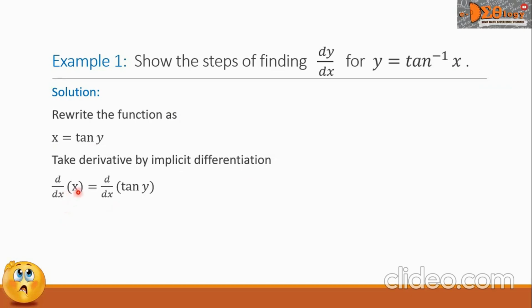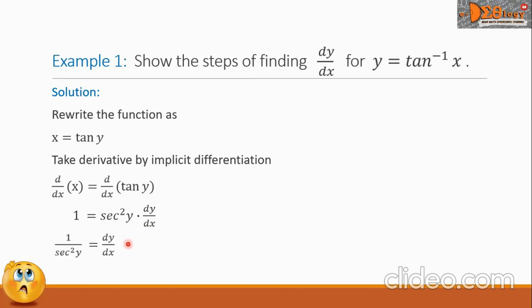The derivative of x is 1. The derivative of tangent y is secant square y times dy over dx. We want the value for dy over dx. Let us divide this equation by the coefficient of dy over dx, that is, the secant square y.